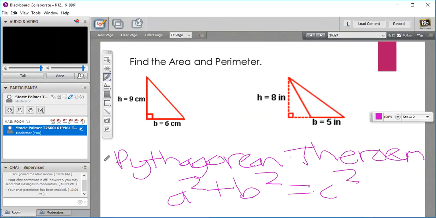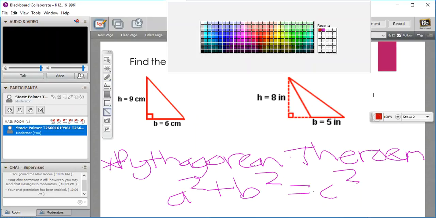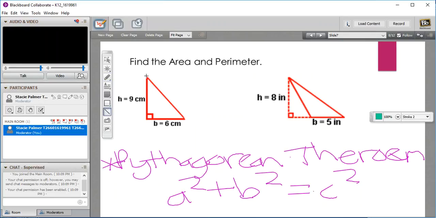Okay, so we're going to use this Pythagorean theorem to find the length of our third side. This is our third side. And then we can add all 3 side lengths together, and that will give us our perimeter.